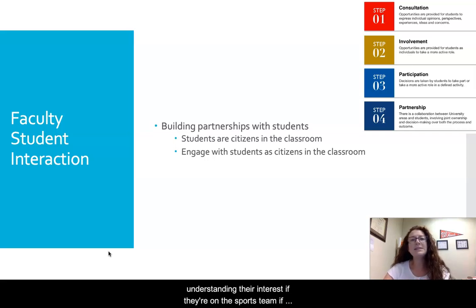Understanding their interests, if they're on a sports team, if they are into drama or dance, knowing maybe some of their favorite TV shows, and then creating analogies to what you're talking about in class to things like what's happening on their favorite TV shows or in pop culture. Those are all great ways to foster faculty-student interactions.